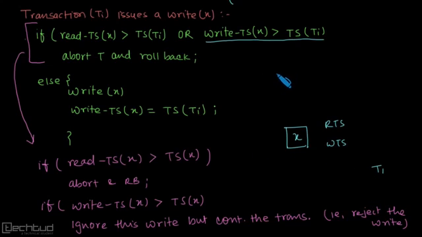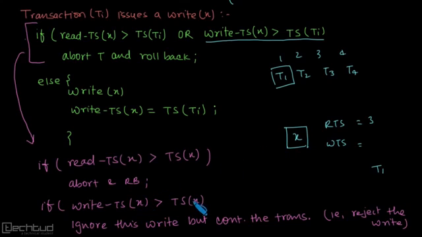Let's take T1, T2, T3, T4 and so on, with timestamp values 1, 2, 3, 4. Now if the read timestamp is greater than the timestamp of this transaction, say we are considering T1 and the read timestamp is 3, it means a transaction that came later than T1 has read the value. So we cannot perform the write, because a later transaction has read, so we need to abort and roll back.